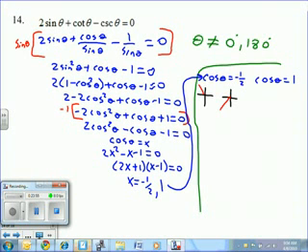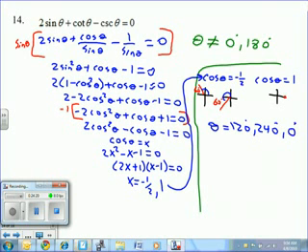Second and third. And where does it equal 1/2? 60. That's our reference angle. So we got 120 and 240 here. And then where is cosine 1? 0. So looking at this, we have theta equals 120, 240, and 0.